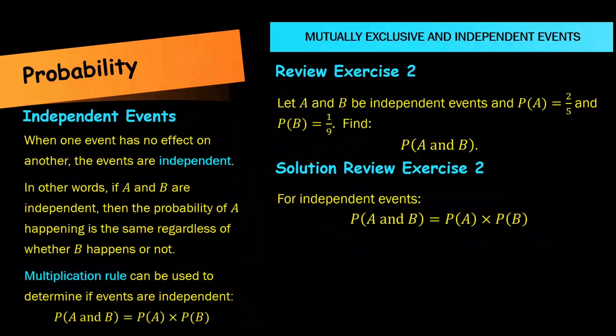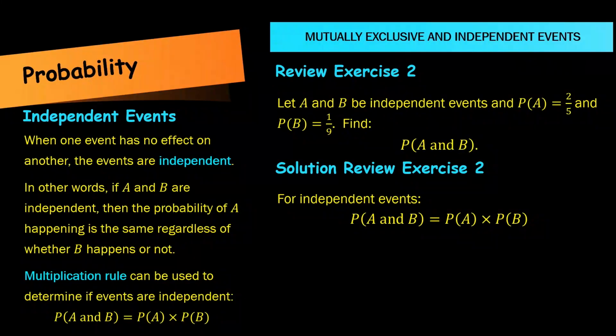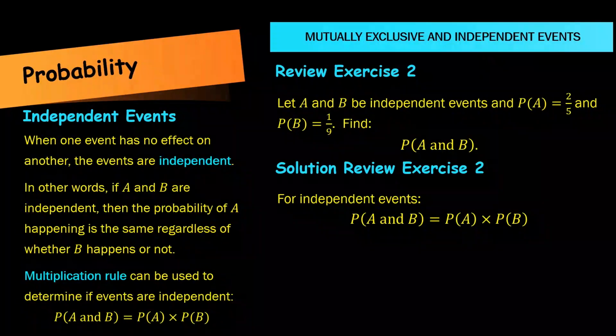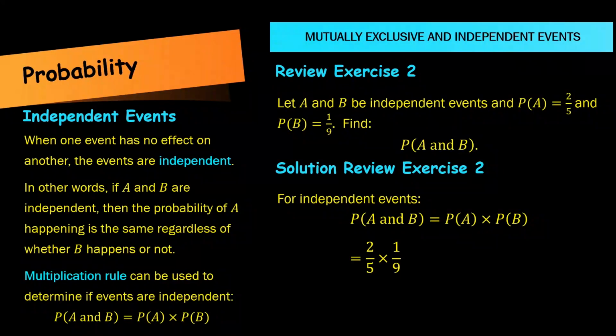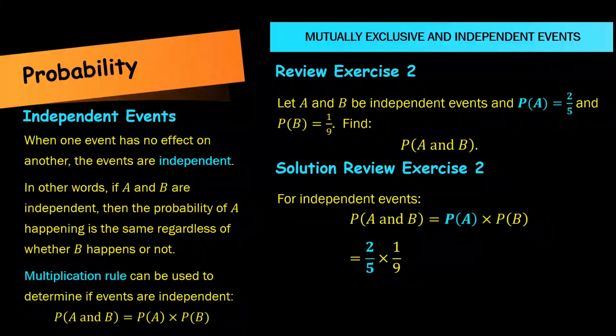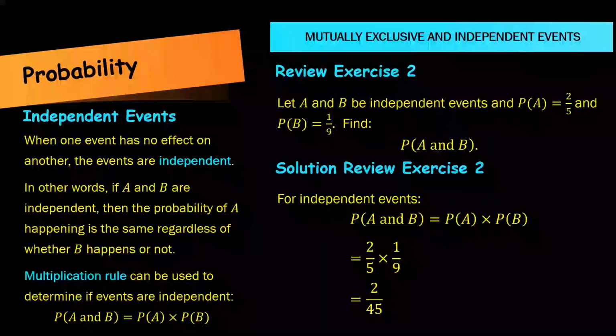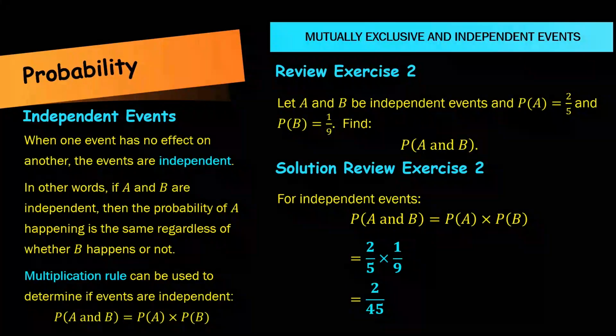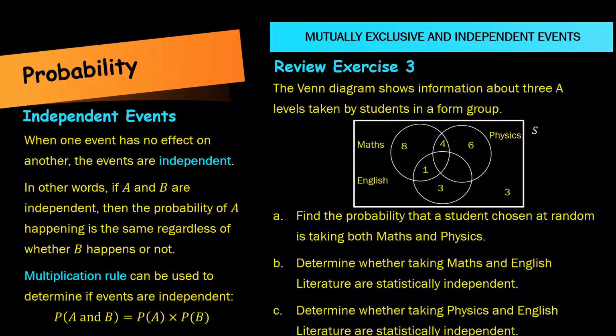For independent events, probability of A and B equals probability of A times probability of B, which is equal to 2/5 for probability of A times 1/9 for probability of B, which equals 2 out of 45. Now let's take a look at the next exercise.